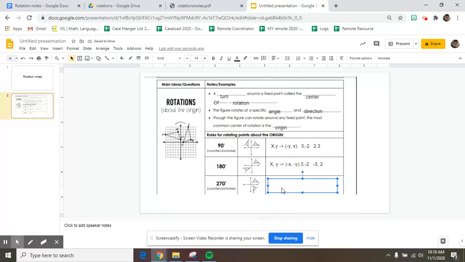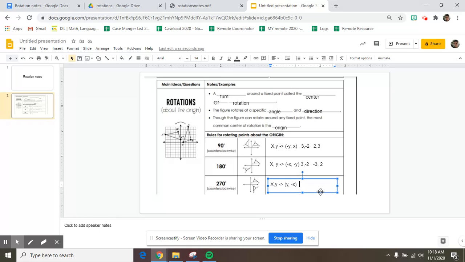Last one is our 270 degrees counterclockwise turn, or this is also 90 degrees clockwise. And we're again going to start with our point X, Y, and that is going to go into Y, -X. What that means on this one is that they are going to flip positions and your X is going to change its sign.